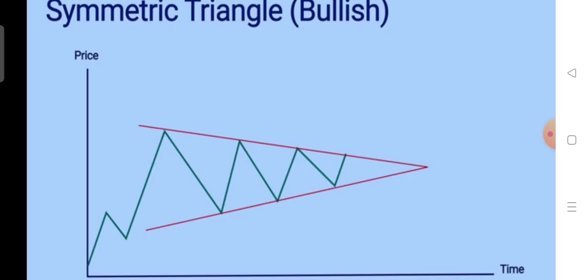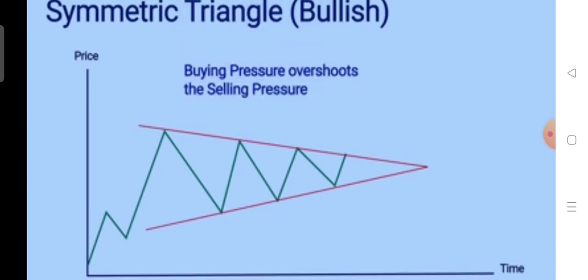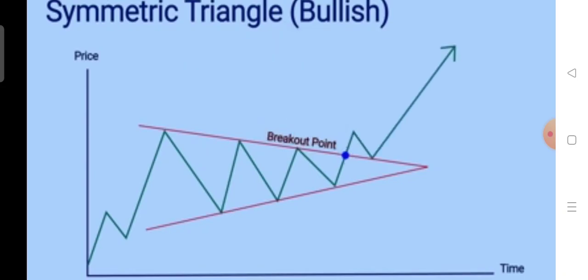So what we have right now is price moving within two boundaries, one inclined up and one inclined down, and the range of the price has come down. Now suddenly we will find that on a particular day the buying pressure overshoots the selling pressure, and there is a price movement in the upward direction.